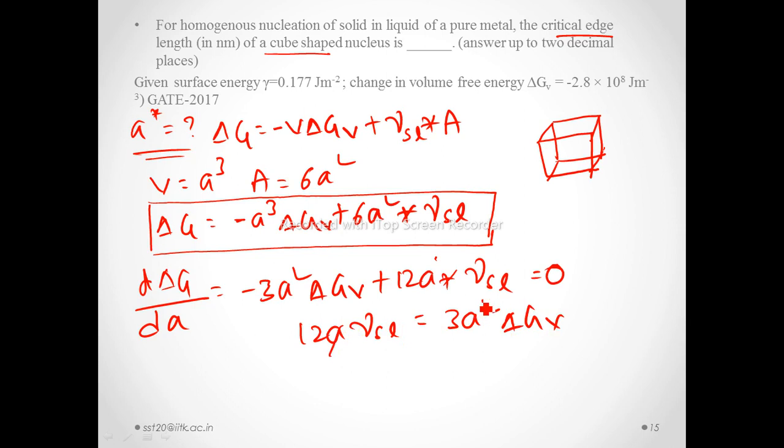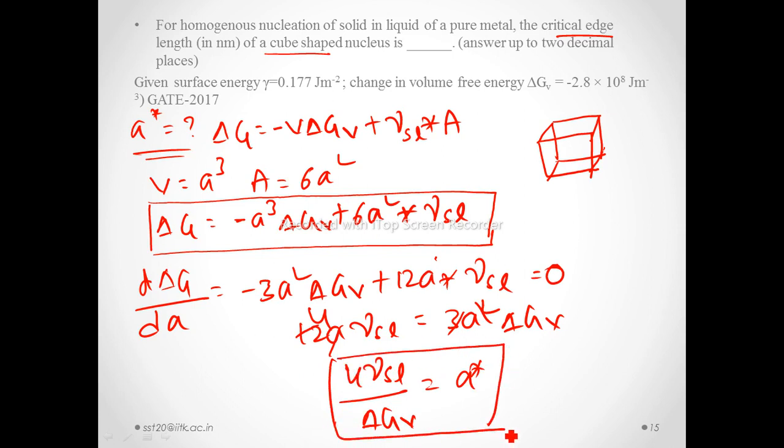So the a cancels, and 3 ones are 3, 3 fours are 4, gamma of SL divided by delta GV is the a star value.